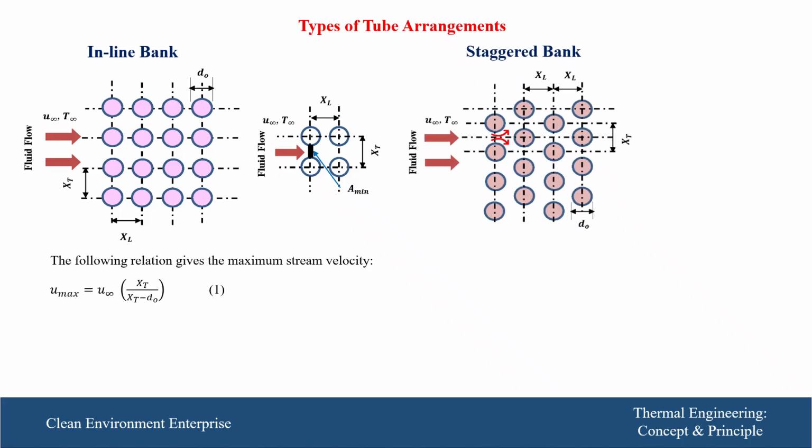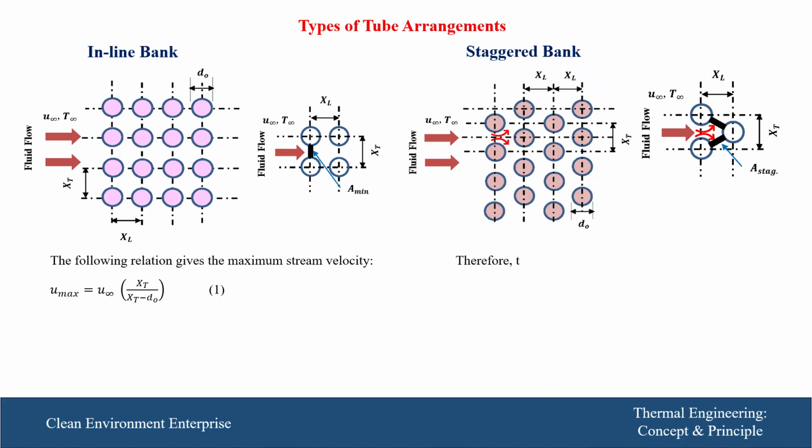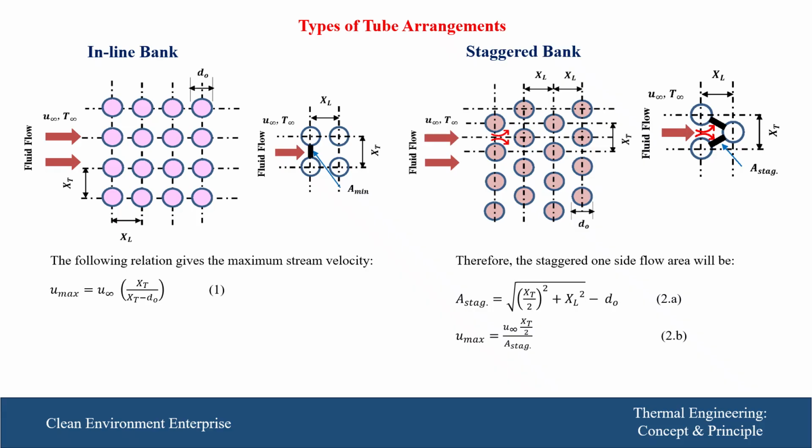And we have another arrangement called the staggered, as shown in this diagram, where the minimum area is referred to as A staggered, and it is calculated in terms of XT and XL together with D naught, as shown in equation 2a, and then U max is represented by equation 2b.